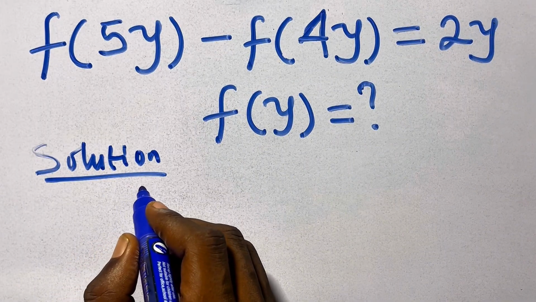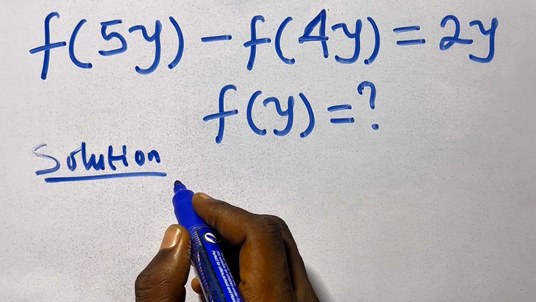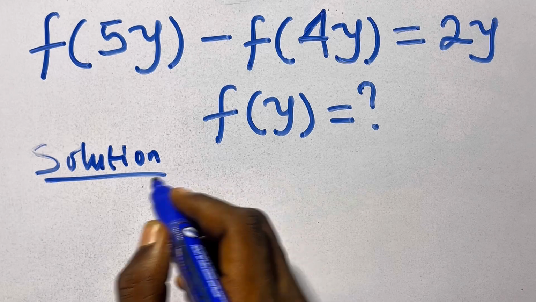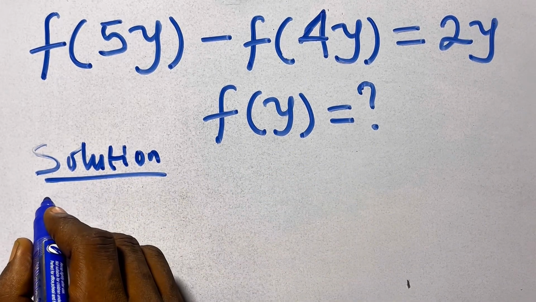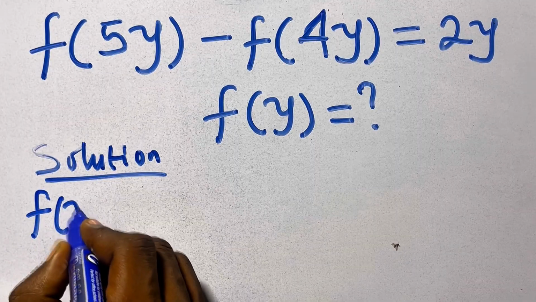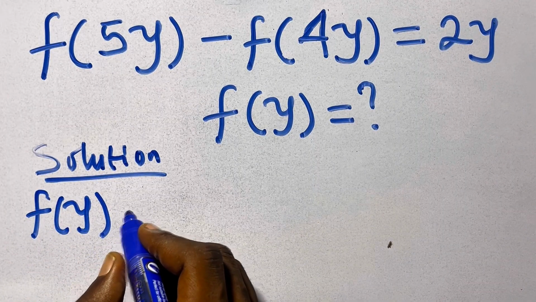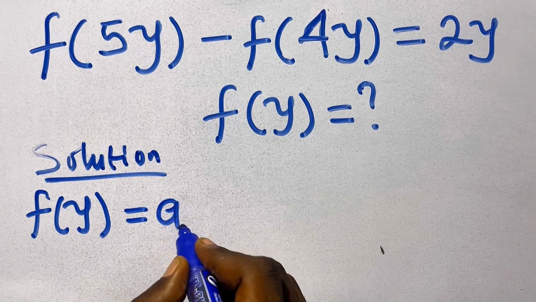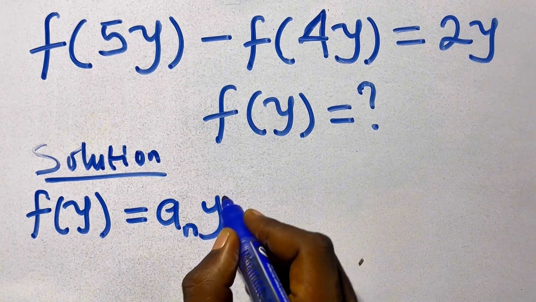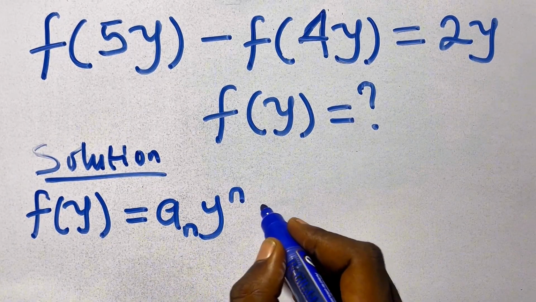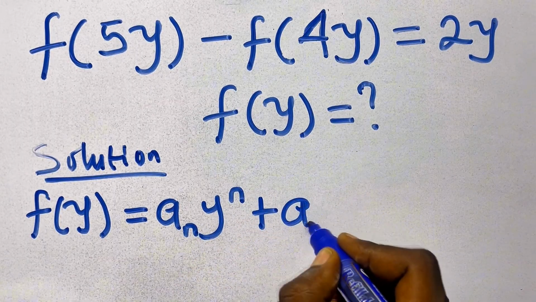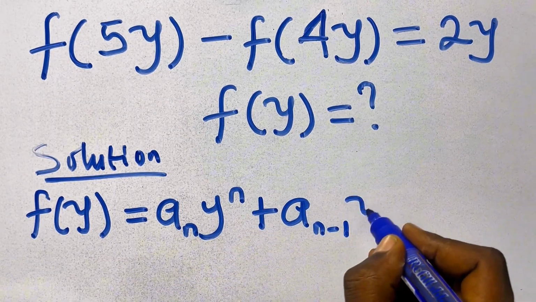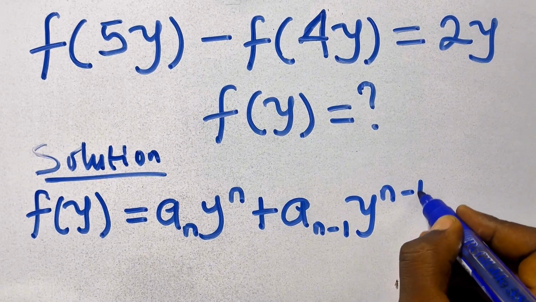Our first step will be to consider the general expression. From the general function formula, we have f of y equals a subscript n y raised to power n, plus a subscript n minus 1, y raised to power n minus 1.